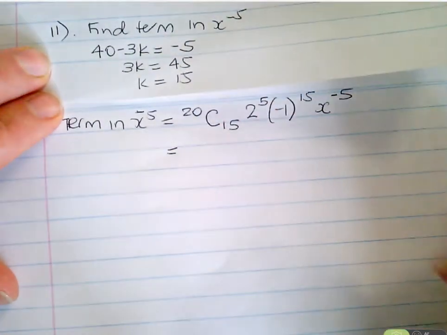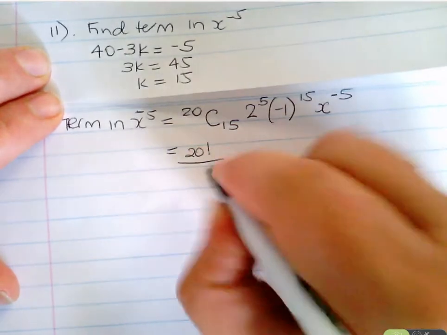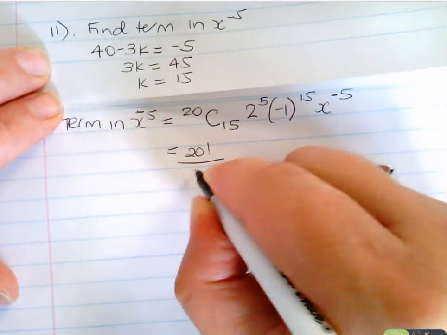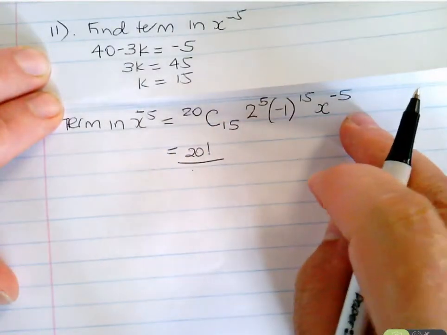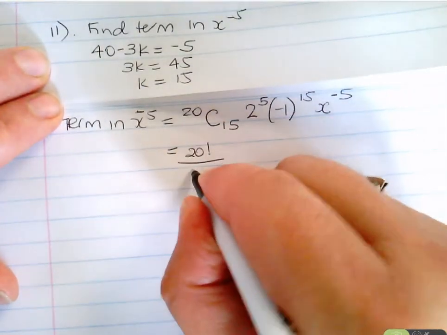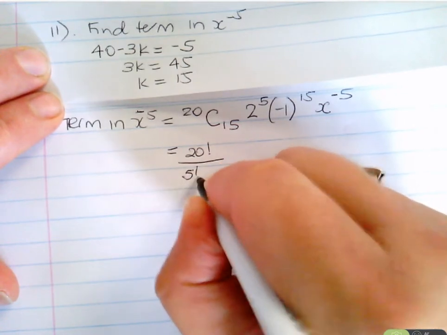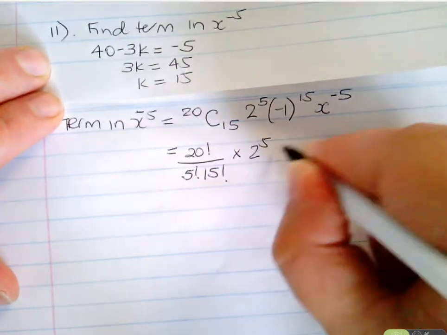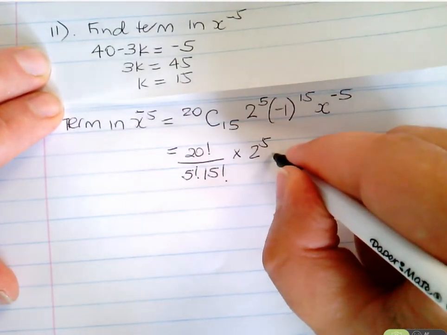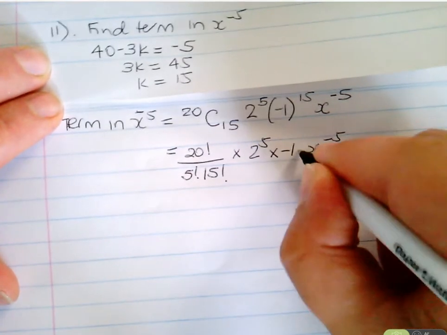So 20c15, 20 factorial over, I want it written as factored primes. What do we got? 20 factorial over 5 factorial times 15 factorial times 2 to the power of 5. What's negative 1 to the power of 15? Times negative 1, then we've got x to the minus 5.